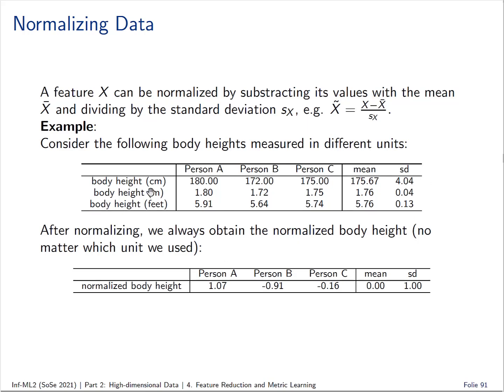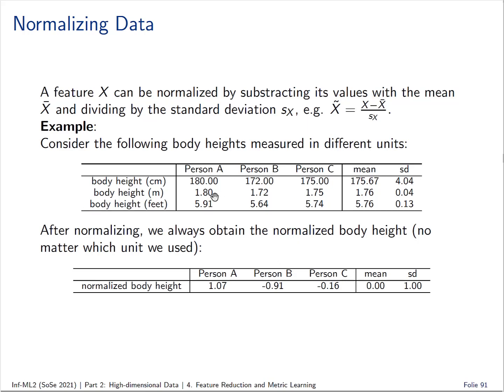If we normalize everything, subtracting the mean and dividing by the standard deviation for each of these features, we get a normalized body height, and for all three features we get the same measures.